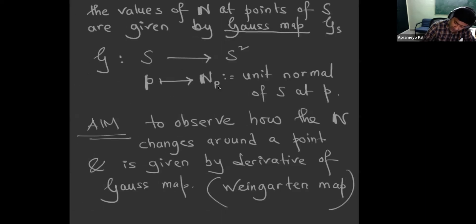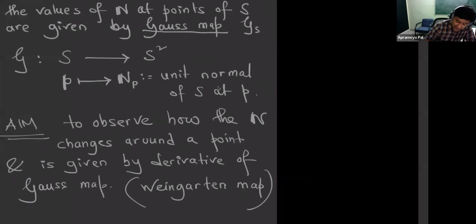Okay, so let me define this then. First, so till this, okay, right? So we will consider the derivative of this Gauss map, but let's first consider a few more remarks.